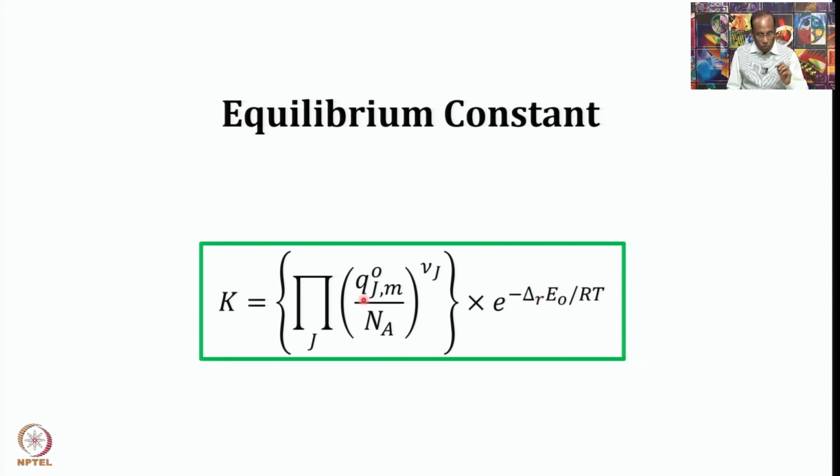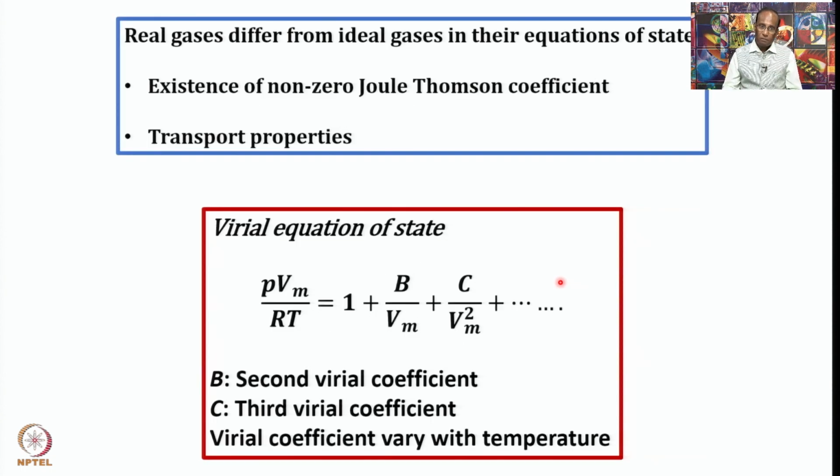We need to know the molecular partition function, and this molecular partition function is the product of translation, rotation, vibration and electronic. We also need to know the value of delta E naught, that is the difference in zero point energies.